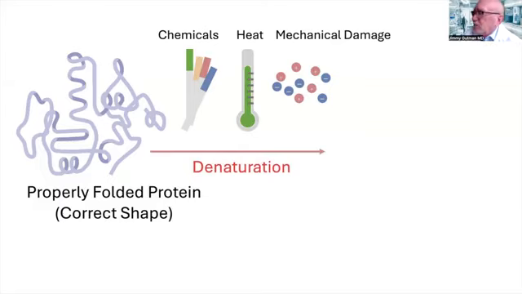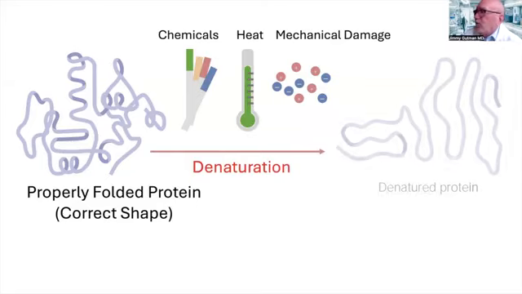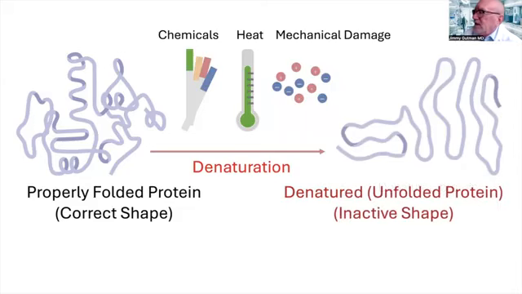And it causes the protein to denature. The process of denaturization, you've heard this word before, and what denaturization does is that it unfolds the protein. It changes its shape.